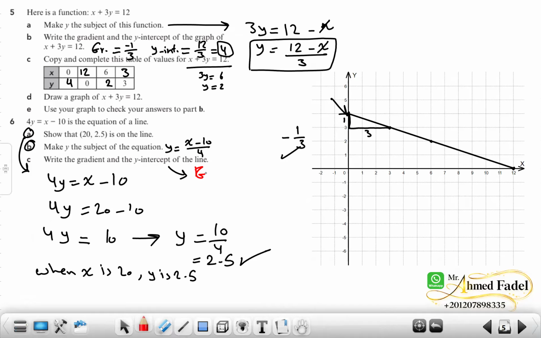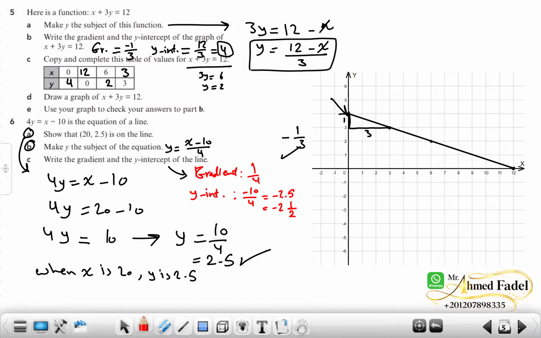Well, that's the gradient. Gradient, it is 1 over 4. Y-intercept is the other number, negative 10 over 4. Good. Or you can write it as a decimal, negative 2.5. Or you can write it as a mixed number, negative 2 and a half.